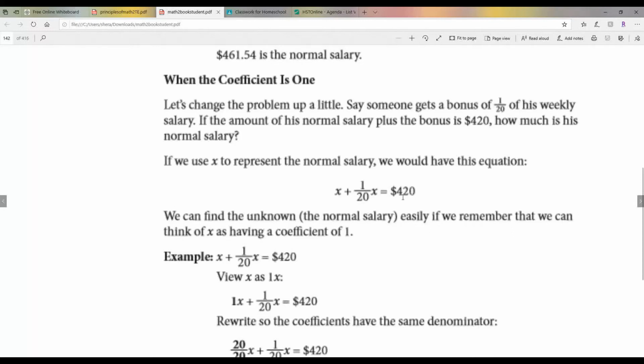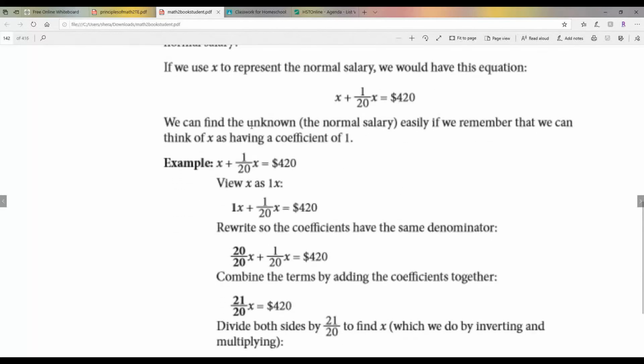Okay, so this right here is his bonus plus his normal salary. We don't know his normal salary. That's what it's wanting us to find, so that's why we make it a variable. So his normal salary plus his bonus was 1/20th of his normal salary. And that's why we write it this way.